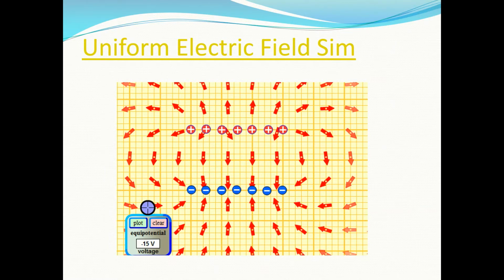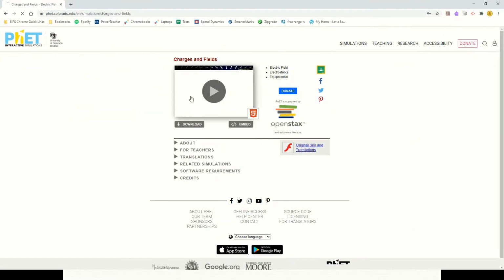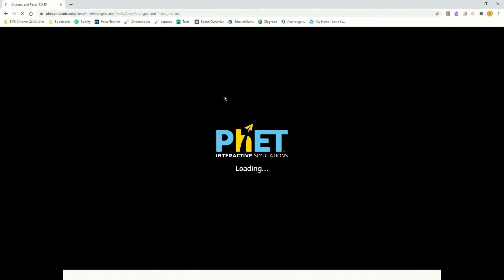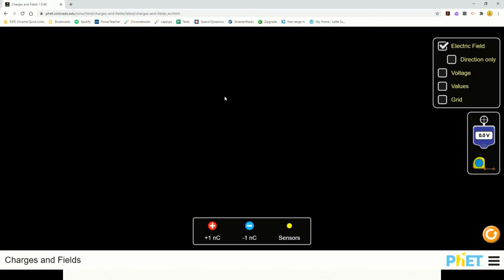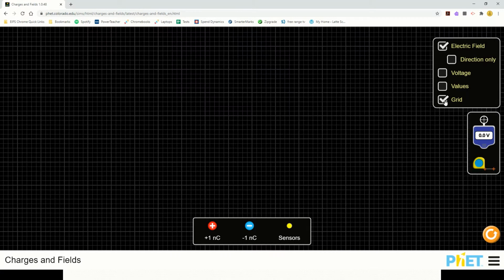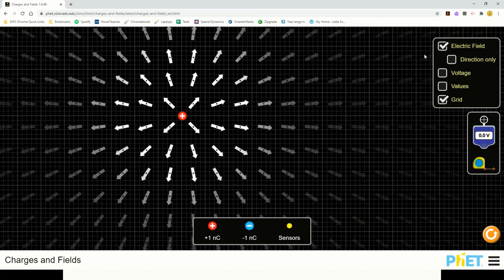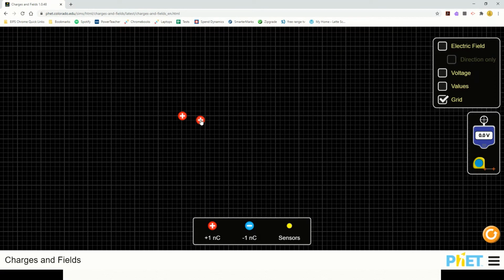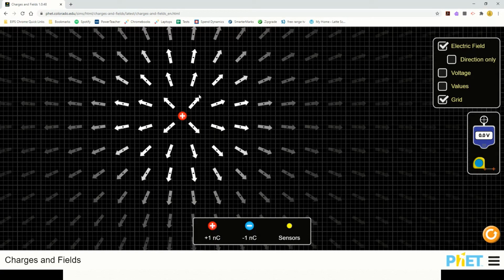So let me open up this. Just give it a sec. Let's put a grid on there. Perfect. So this is a new HTML5 version. I've never seen it. So yeah, let's keep that electric field on there. All right, so you can see it always goes away from our positive charge.